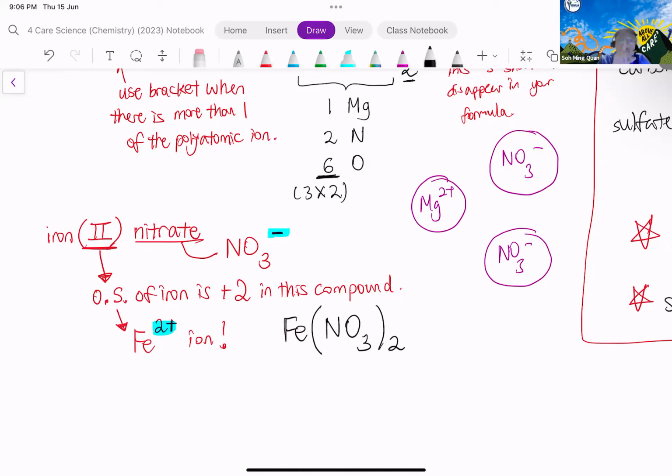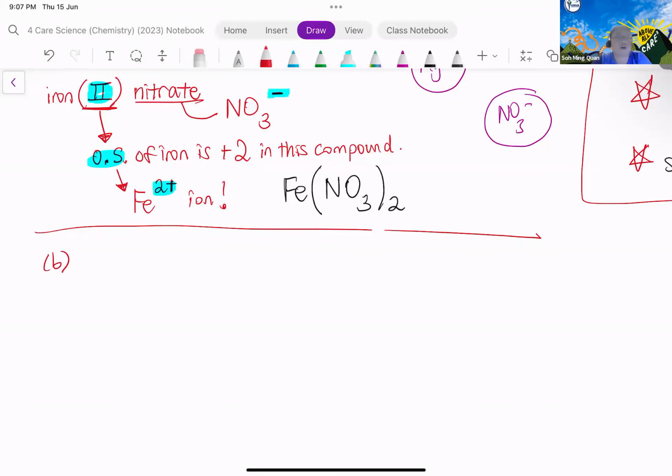The 3 still must be there because that is the number of oxygen. It should not vanish. Okay, so the formula of iron 2 nitrate is Fe(NO3)2. So today we also go through the meaning of the Roman numeral next to the metal's name is the oxidation state of the metal. So in this case, iron is +2. That means the charge is 2+ on iron. Okay, so this is an example of how you write a formula involving a metal that has a number written beside it.